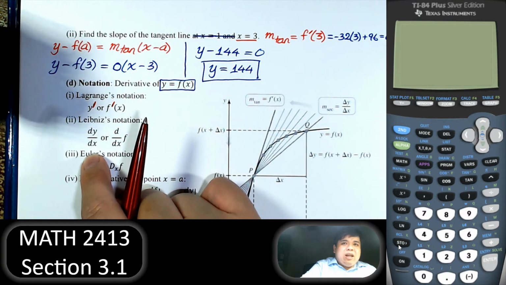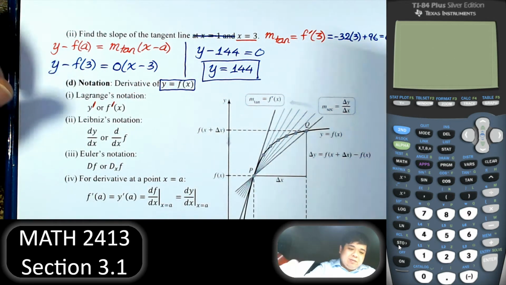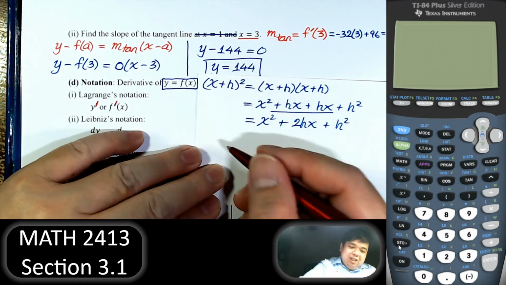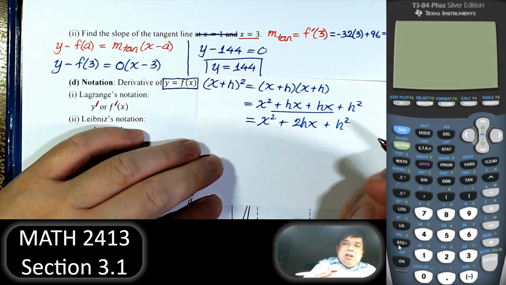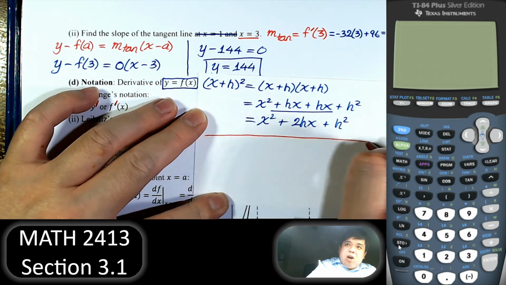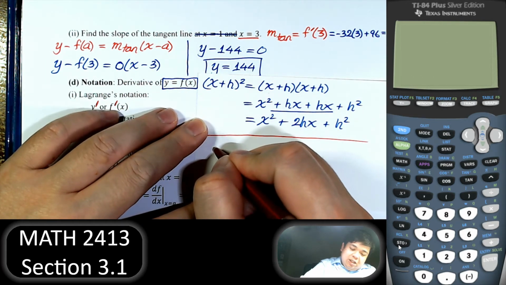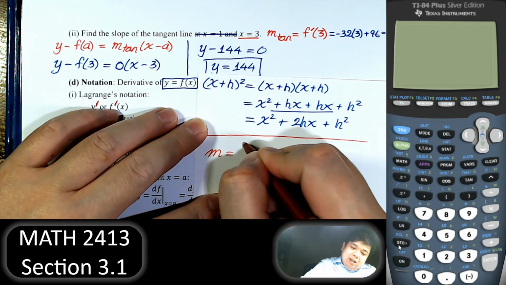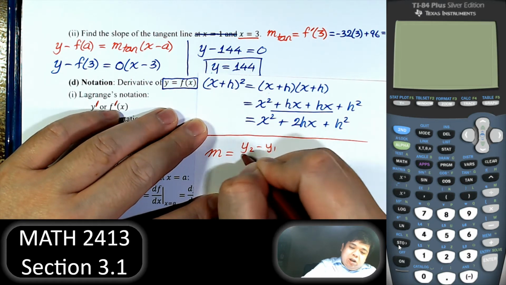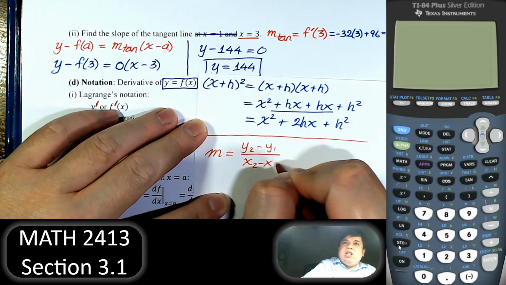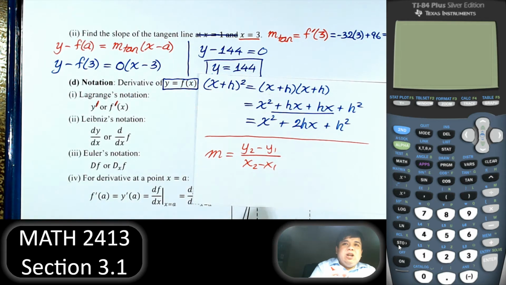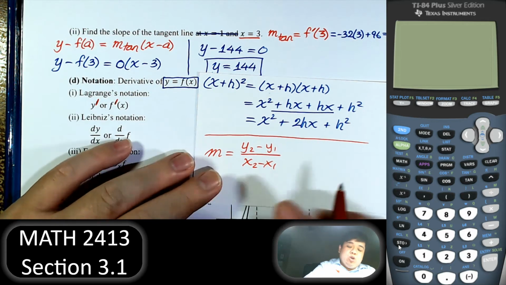And why do we write it like that? Remember, back in the most fundamental of the slope, y2 minus y1 over x2 minus x1. So this is the most fundamental slope of the secant line going through the 2 points.